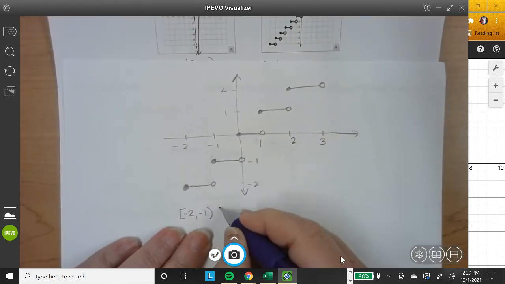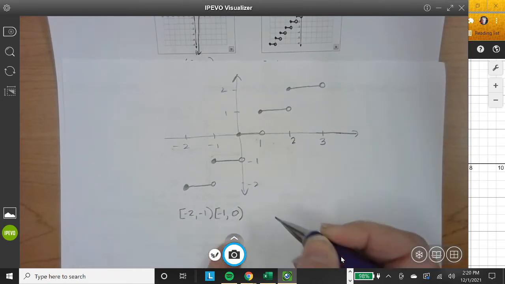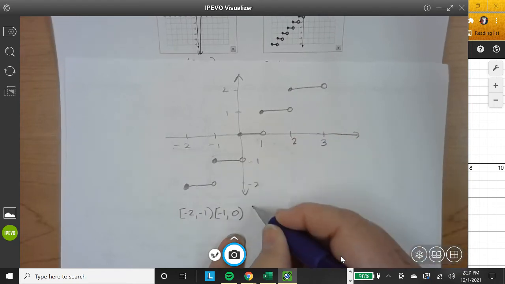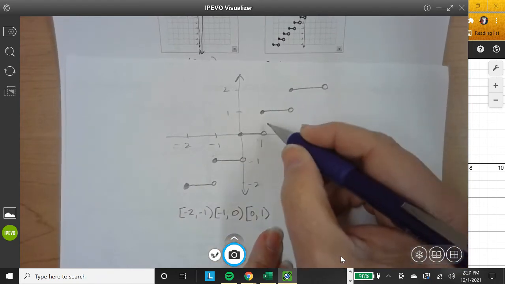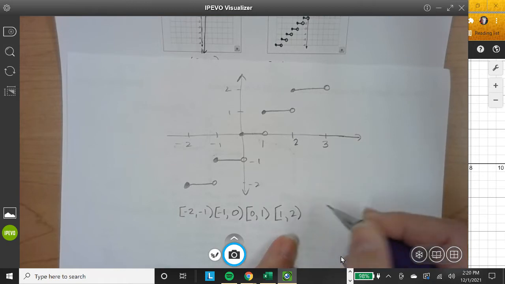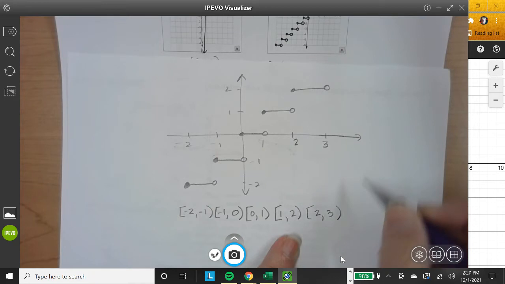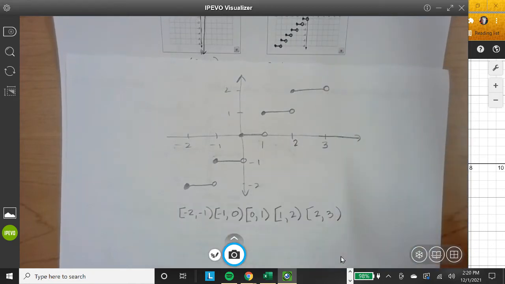This x interval is going to be what? -1 to 0, and that's open. This interval is going to be what? 0 to 1, and it's open on the right end. And this one's going to be 1 to 2, open. And then we're going to have an interval that is 2 to 3, open. And of course, it keeps going on forever.